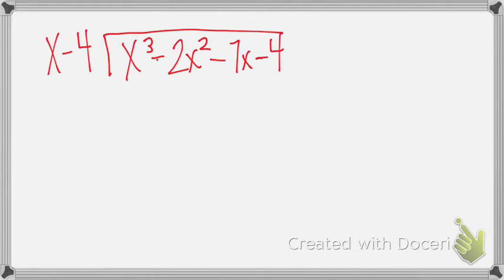Okay? So, first of all, what's the first step? The first term on the inside divided by the first term on the outside. Okay? So we have an x cubed divided by an x just gives me an x what? Just an x squared.